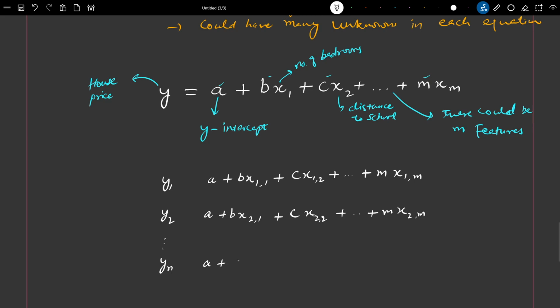Similarly, we have a plus b xn,1 plus c xn,2 up to xn,m.